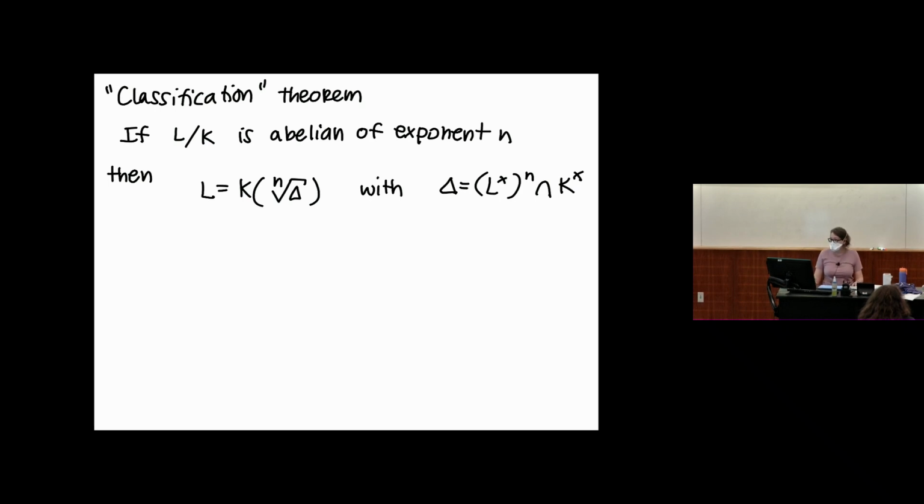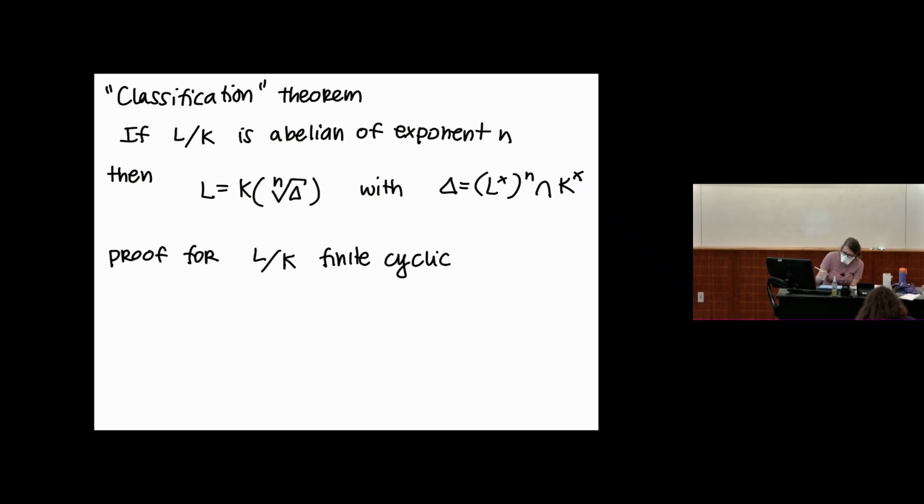Yes. So the general proof, with the set delta having many different elements, reduces to just proving it for one element and then taking compositums. So I'm going to work out the proof for L over K finite cyclic.